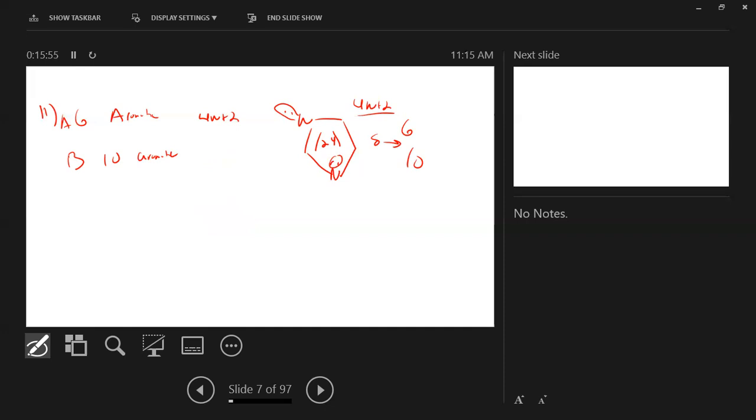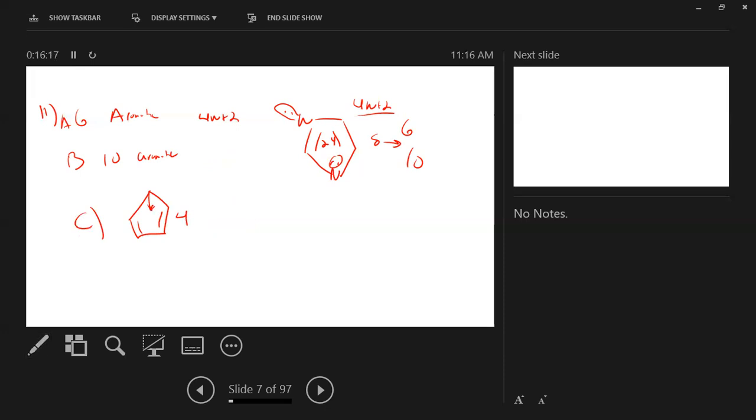So now let's go to compound C. Compound C is this right here. I only have 4 electrons. This is going to pucker up like this. And then you have to go back to line 1.